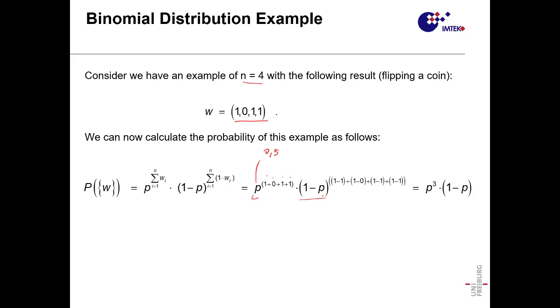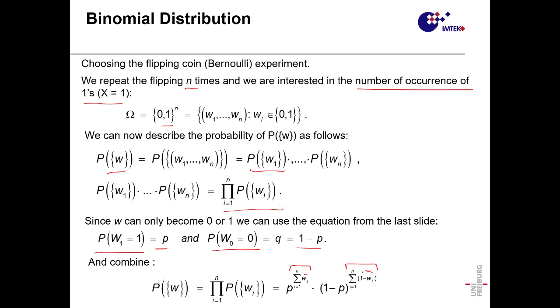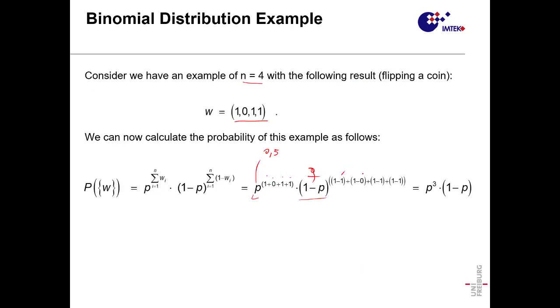Then 1 minus P, or Q, if you want to call it, to the difference between 1 and the event. So 1 minus 1, 1 minus 0, 1 minus 1 again, 1 minus 0. So this is 0, this is 0, this is 0, and then you get just 1 minus P. So this becomes 1.